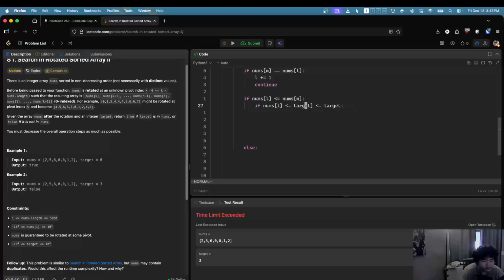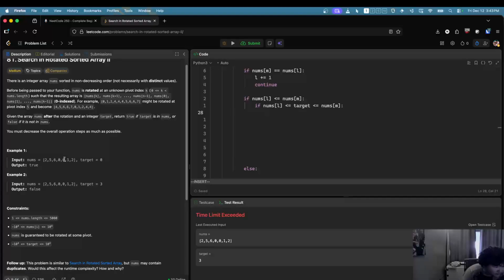So if it's ascending like this, 0, 1, 2, and target is bigger than, not target, what am I saying? This is middle, right? Which is nums of mid. So if that's the case, so the middle is, it doesn't make any sense at all.